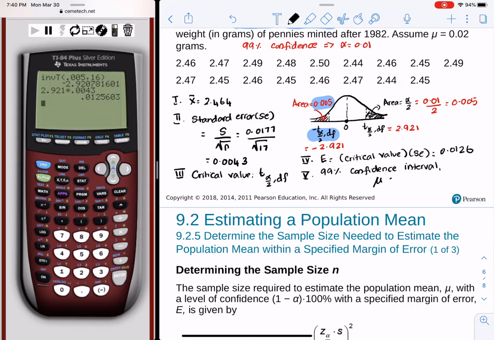Once we find the margin of error, the last step is to find the 99% confidence interval, which is mu would lie between x bar minus E and x bar plus E. X bar is 2.464 minus 0.0126 and 2.464 plus 0.0126.